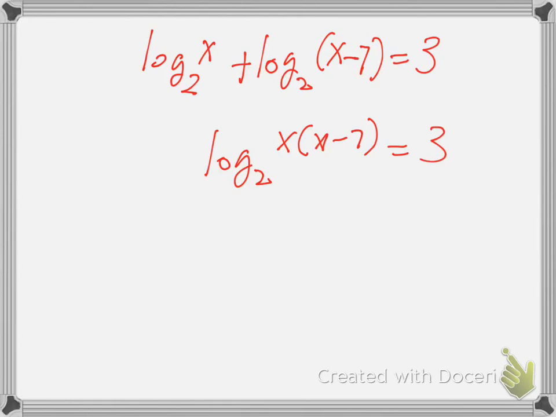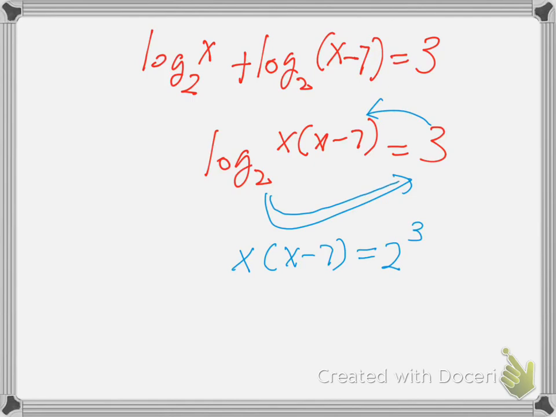Now we have to use the definition of log to change it to exponential form: x times (x minus 7) is 2 cubed. Read it counterclockwise: 2 to the third power is this product, x times (x minus 7). So now we get a quadratic equation: x times (x minus 7) is 8.